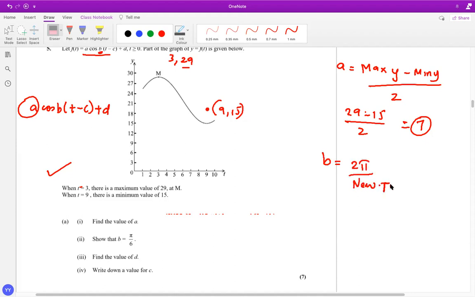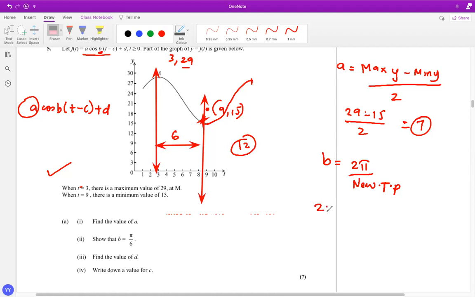To find the time period, I find this horizontal distance, which is 6, so the time period is going to be 12, because the time period is from one max to the other max. So b is 2 pi by 12, that is pi by 6.